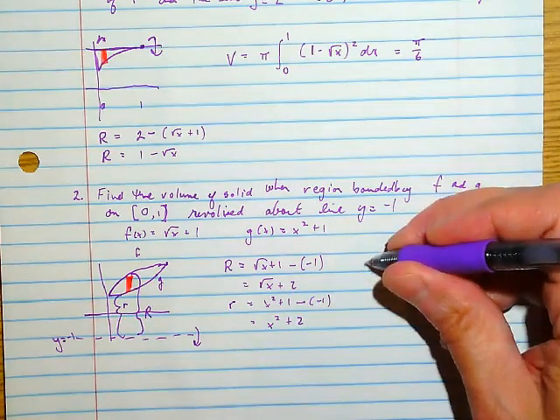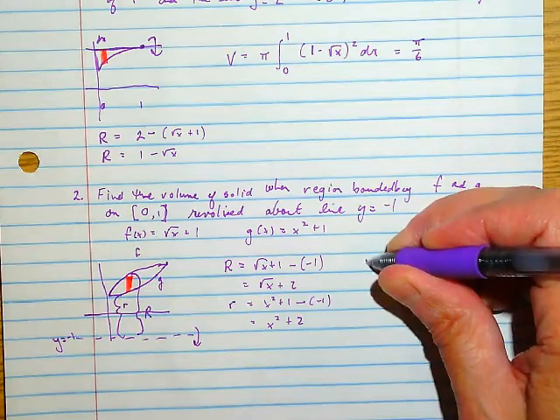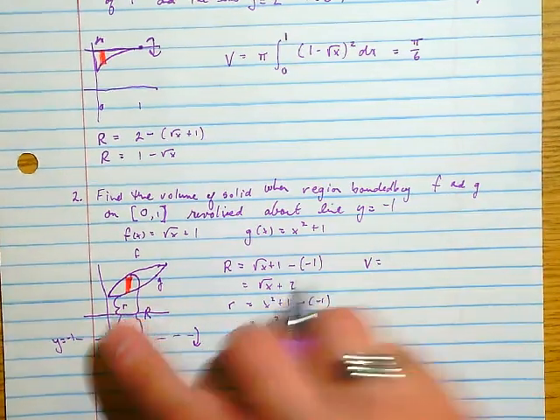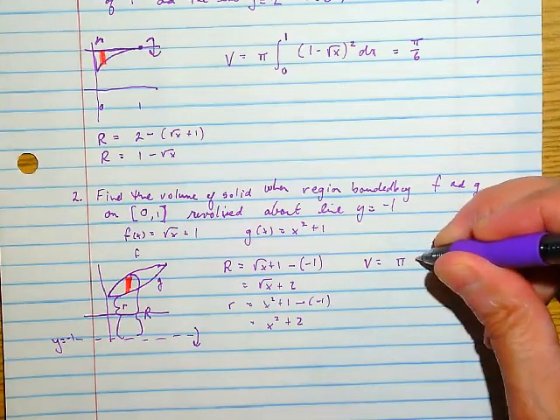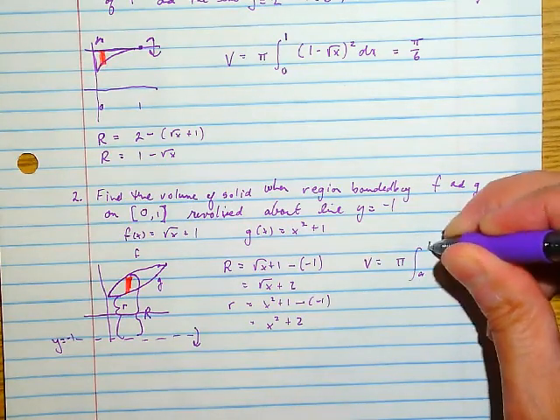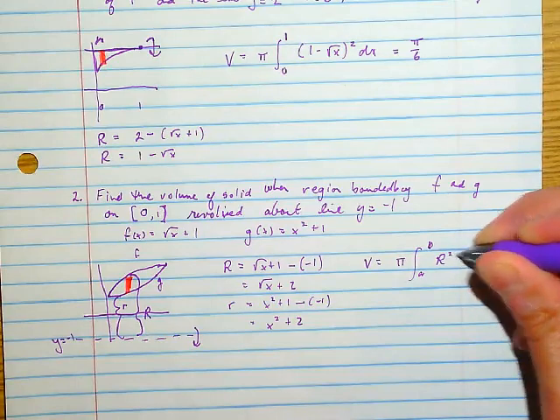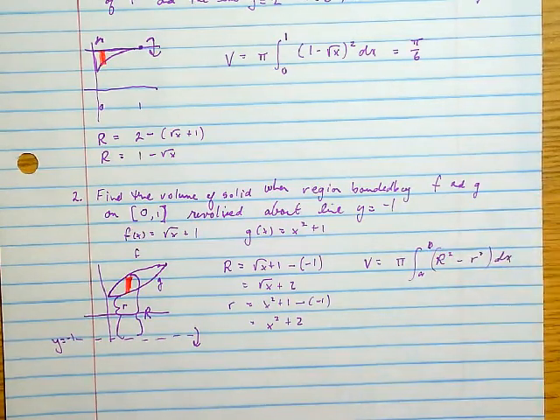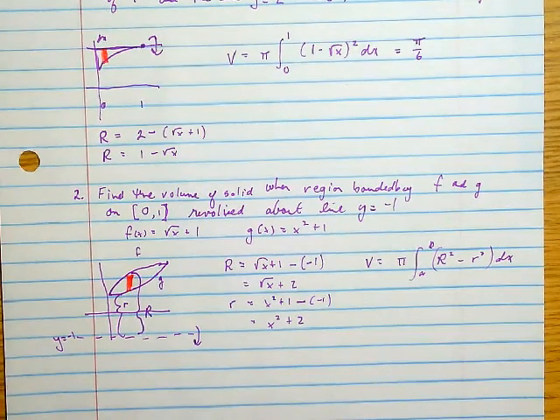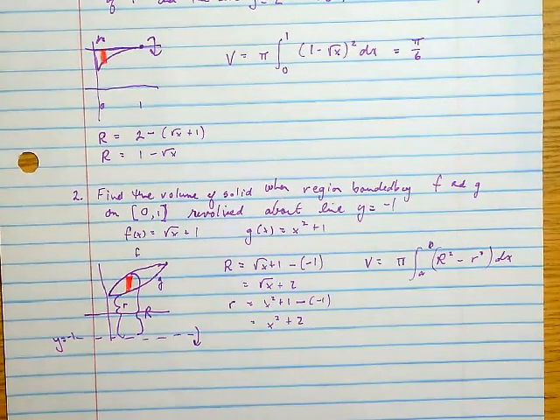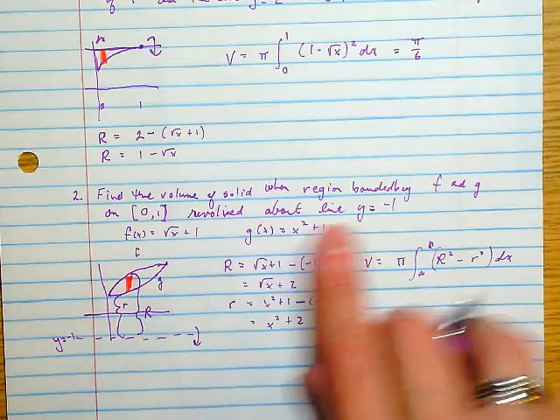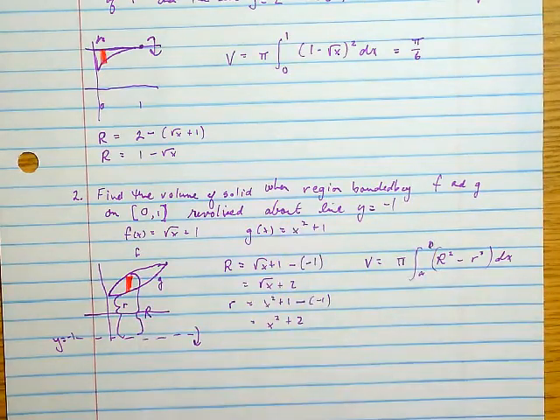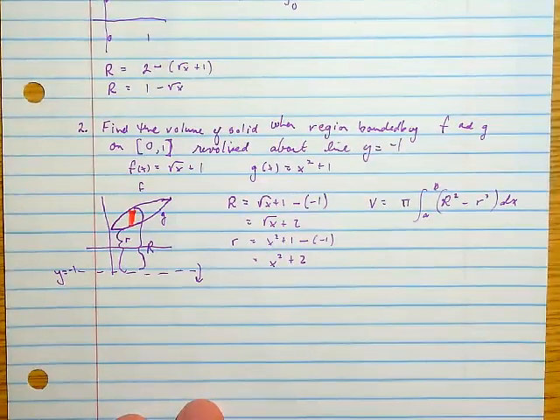And remember, since we've got a disk application here where we're subtracting out, we've got pi times the integral from a to b of r squared minus little r squared. And this time it is a dx. Okay? Because again, my representative rectangle, I'm about the line. Your rectangle is always going to be perpendicular to your axis of revolution in these applications.